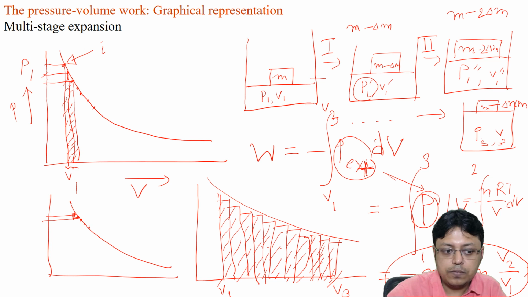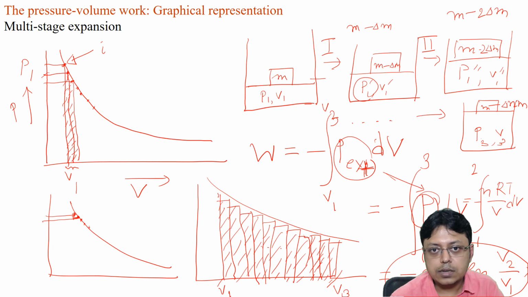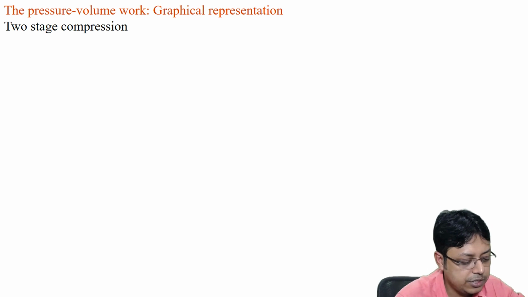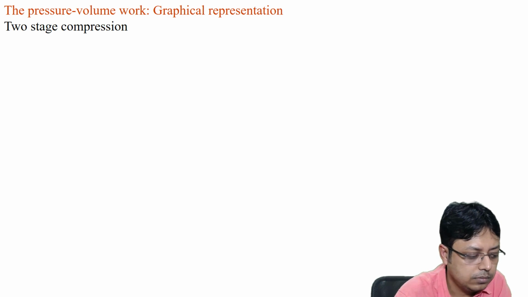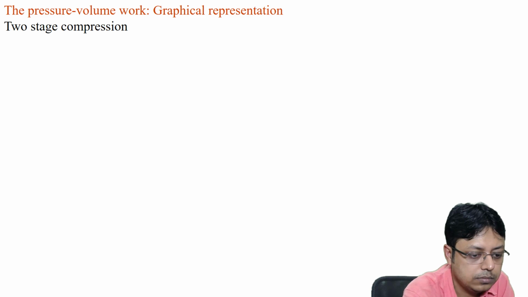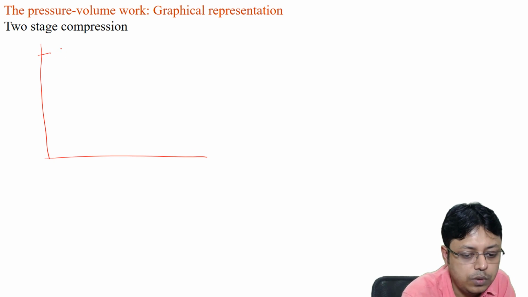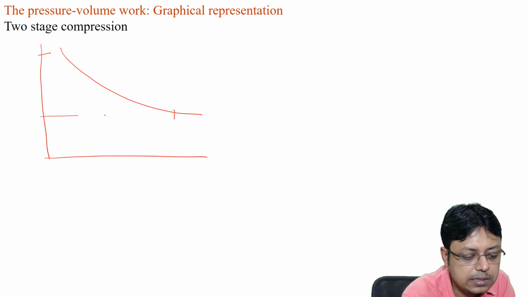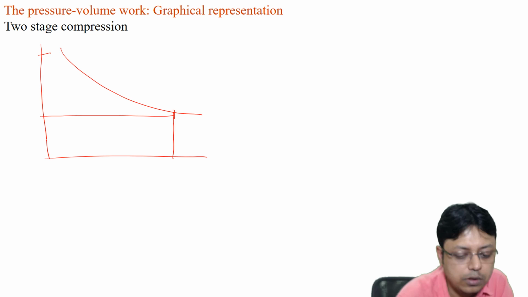Similarly, you can think of two-stage compression first and multi-stage compression, where we have to spend less and less work as we increase the number of steps. Remember that in the single stage, we had an initial pressure, say in this case P3 and volume V3.